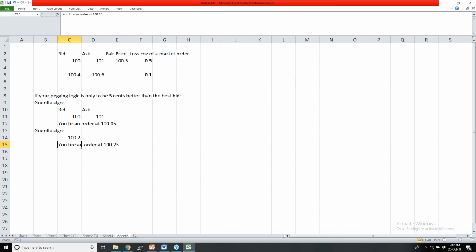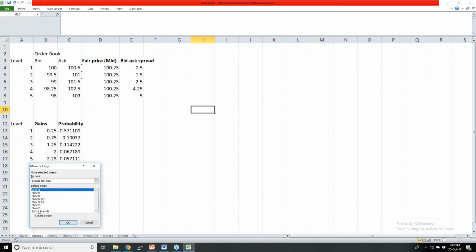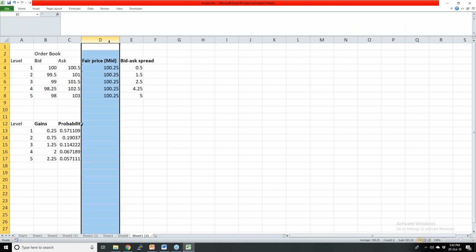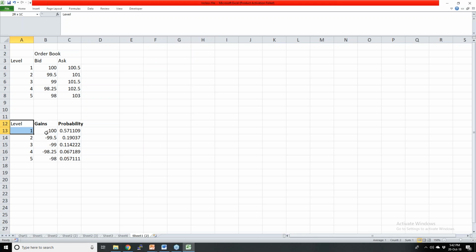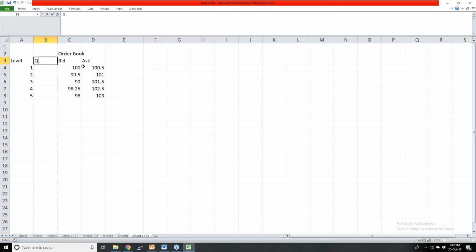So if I take an example, let me delete these things. These are the quantities: say 100, 200, 50, 10, and then say 30.